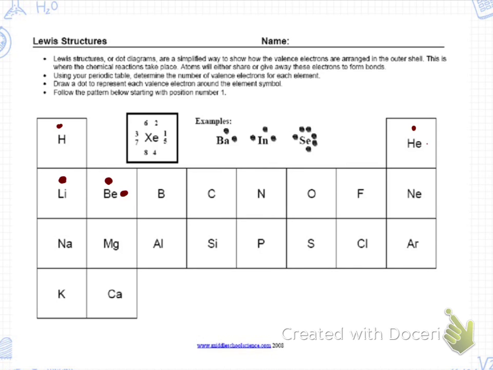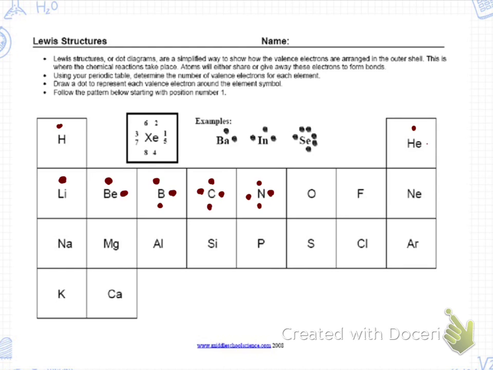And then we jump across to B, element number 5, boron, and that one has 3 electrons, so I'm just going to put 3. Carbon is in group 14, so it's got 4 electrons. Nitrogen is in 15, so it's got 5 electrons.